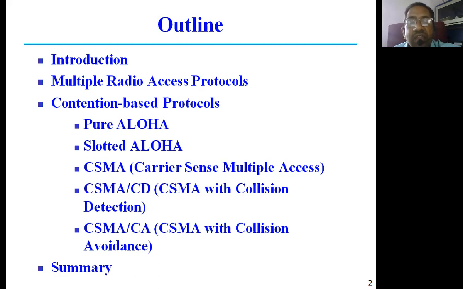Under carrier sense multiple access, there are two varieties: carrier sense multiple access with collision detection and with collision avoidance. That means in CSMA CD and CSMA CA, before collision takes place, we find out the probabilities of collision and the probabilities of avoidance of the collisions. So this is what we have in this particular session.